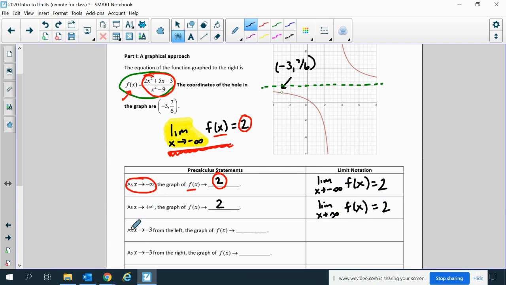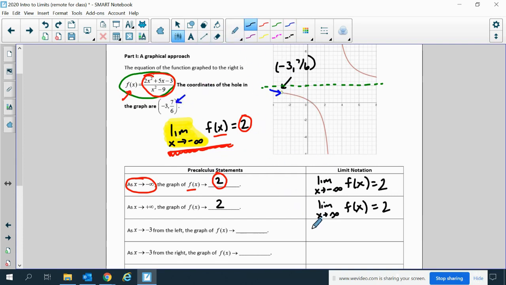Now let's look at what happens as the graph of f(x) approaches negative 3 for x. It looks like this, and it's from the left, right? If we're approaching from the left, that means we're coming from the left side. It looks like it's approaching 7/6.